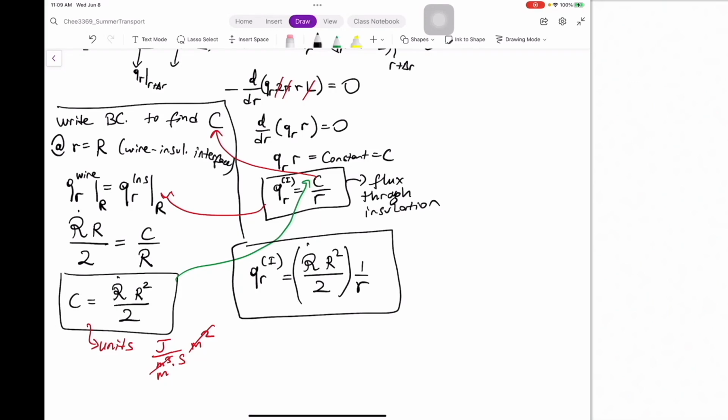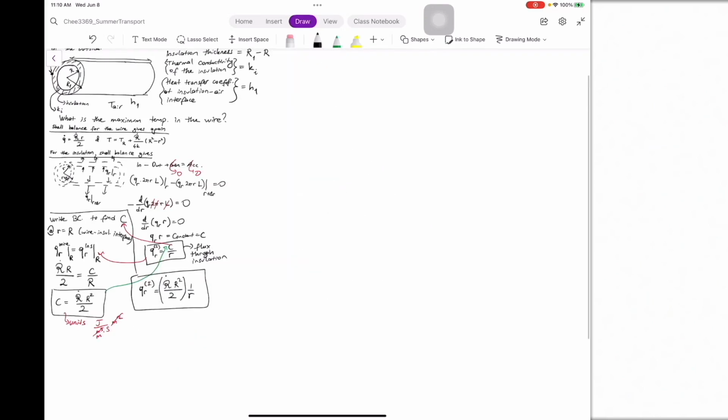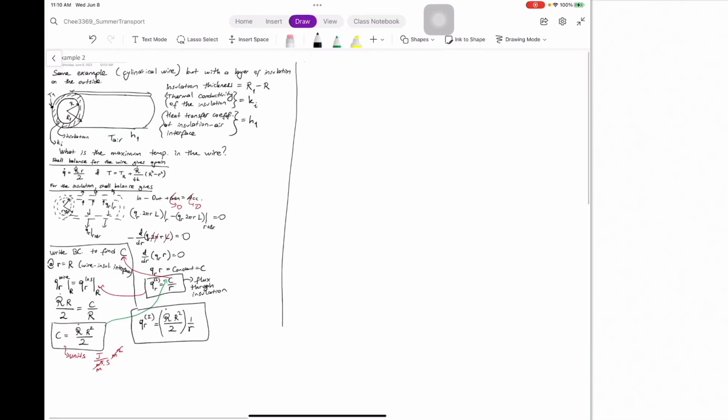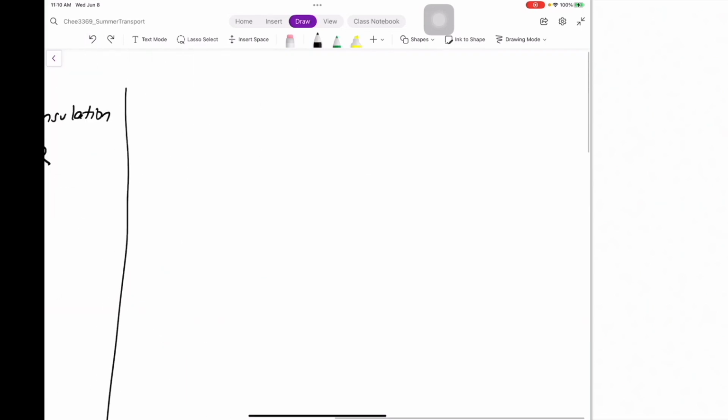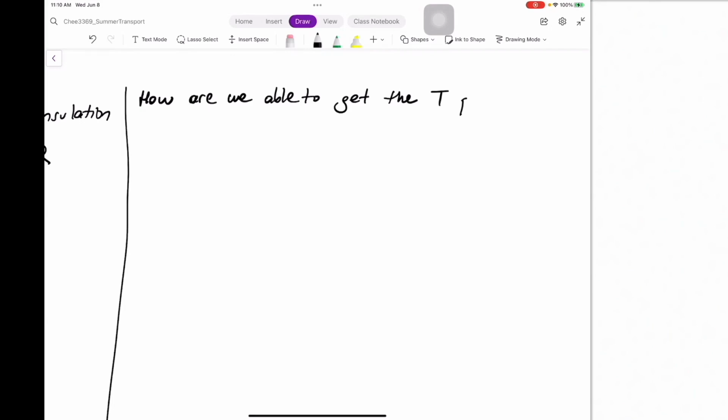Now, how are we able to get the temperature profile?